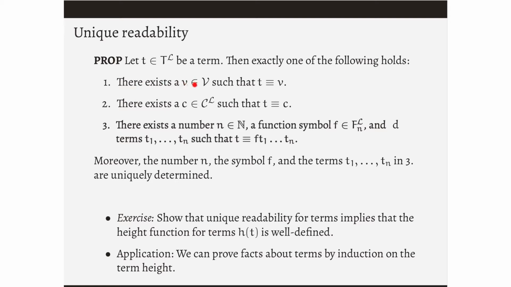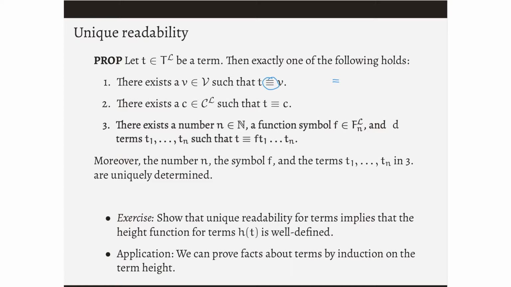There exists a variable symbol v such that t is equal to v. In the following, I'll be using this sign for equality of symbols, just to not confuse it with the equality sign, which is part of the language.